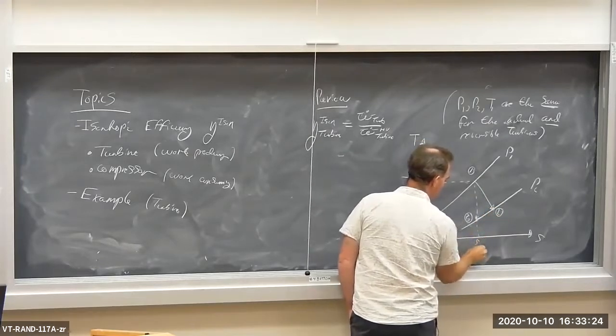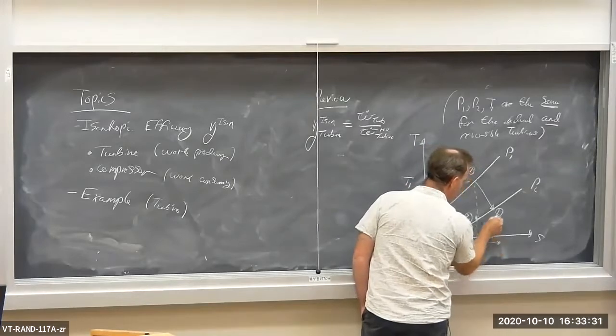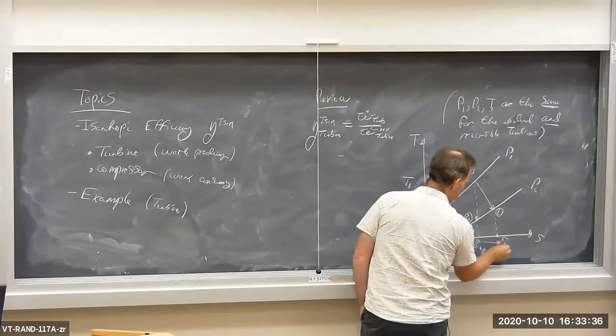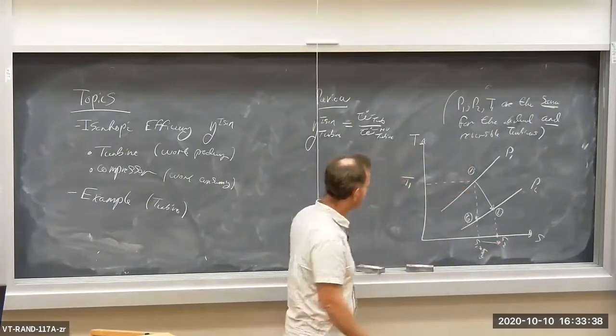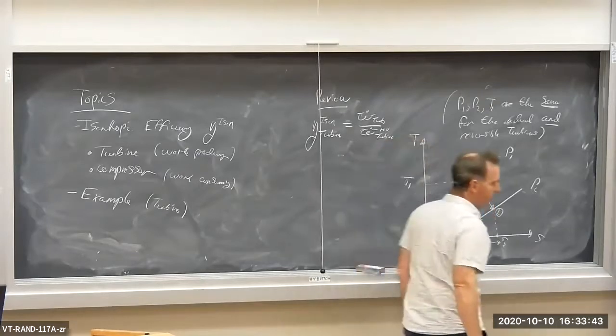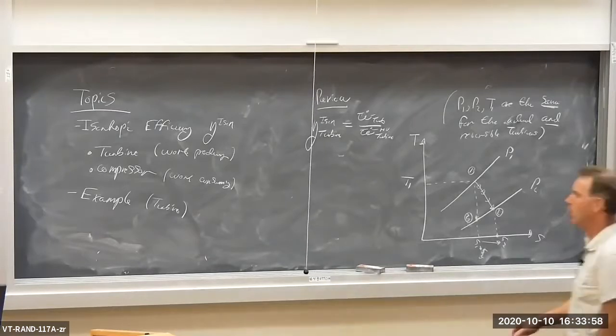So S1 is equal to S2 sub s, that's for the isentropic device. And the real device ends up at S2. Okay? So this is how you compare the two devices on a TS diagram. One is reversible, one is not. And the isentropic efficiency is defined as the ratio of the work or powers produced.